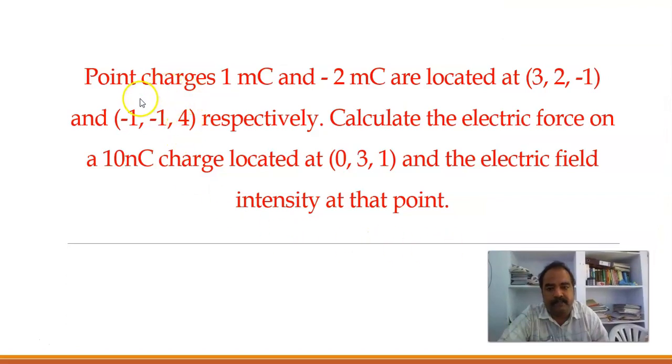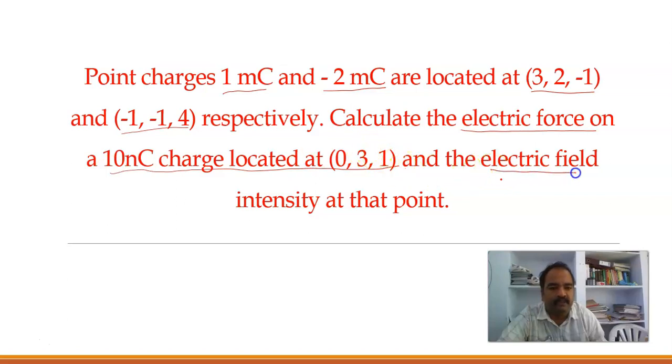It states that point charges of 1 microcoulomb and 2 microcoulomb are located at (3, 2, -1) and (-1, -1, 4). And you are supposed to calculate the force on a charge which is located at a third point, and also the electric field intensity at that particular point.